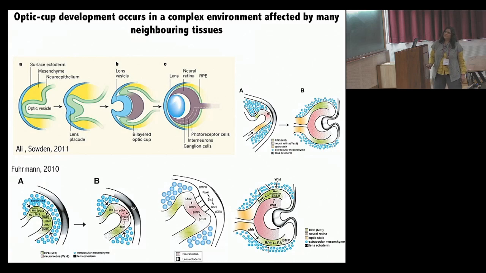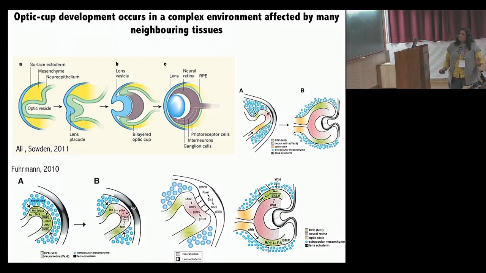So this is now turned in the opposite direction, but what you can see is that as this green structure is forming, this is the surface ectoderm, that blue layer here. This is the green bit here. And you can see something here in blue, right?